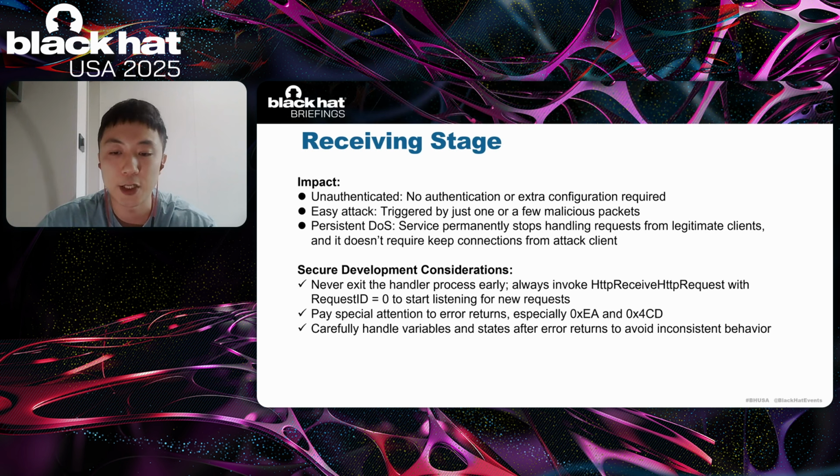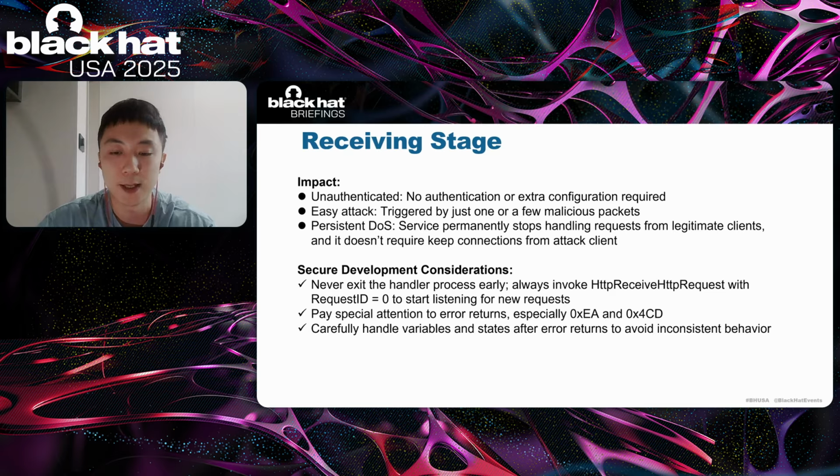In the receiving stage, I introduced 3 cases. Using these tricks, I found many similar issues in Windows HTTP services. From studying these vulnerabilities, I believe that for HTTP services, the handling functions should never stop receiving.